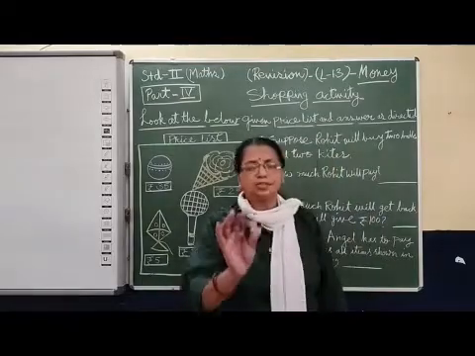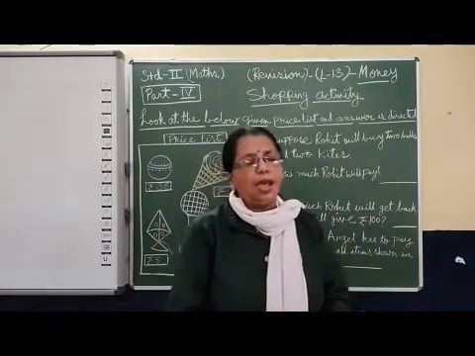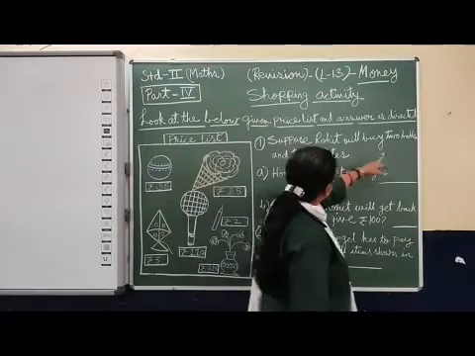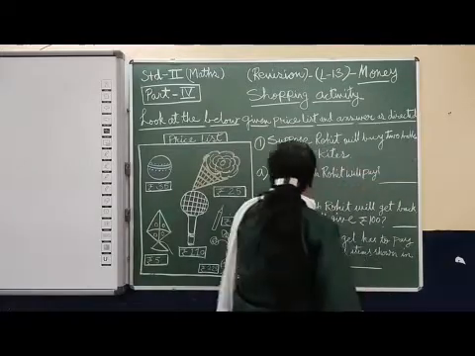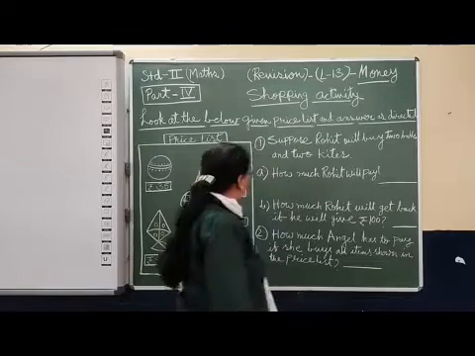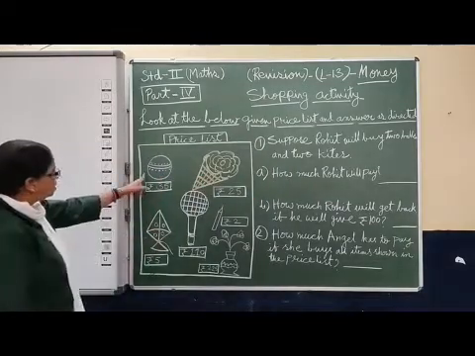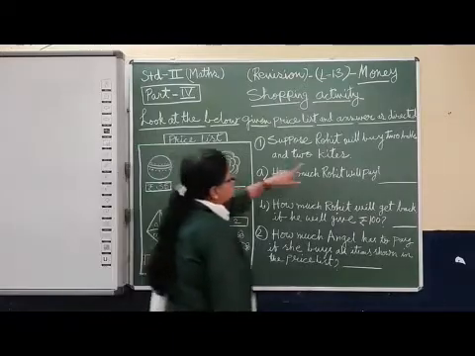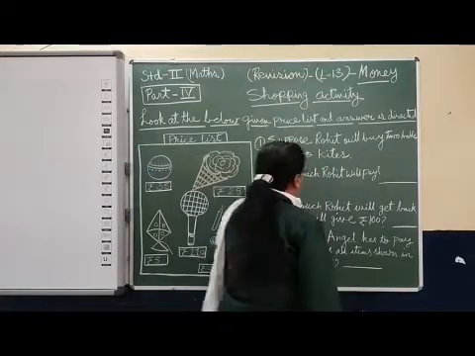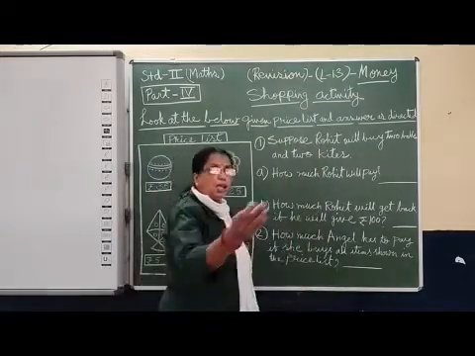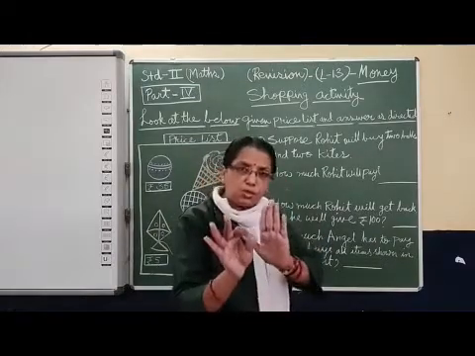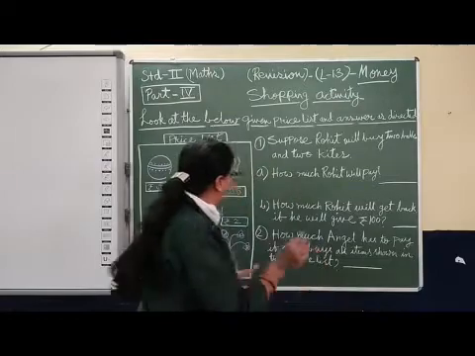Now suppose Rohit has gone to the market alone and he will buy 2 balls and 2 kites. Here, what is the cost of the ball? 35 rupees each. He will buy 2 balls. That means you can use either repeated addition or multiplication. Whatever is suitable for you, you will do that.